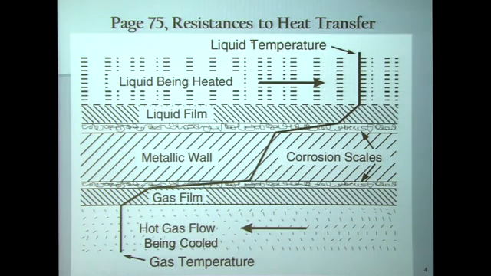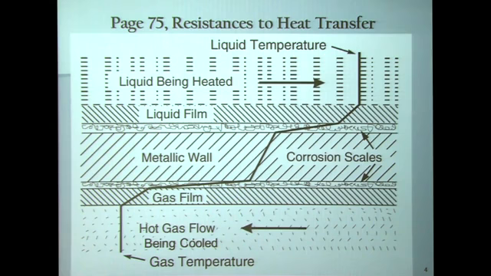So let's look at the resistances to heat transfer. If you remember the equation, Q equal UA delta T mean, what we are talking about right now is how to determine the overall heat transfer coefficient U. This slide shows all the resistances to heat transfer.